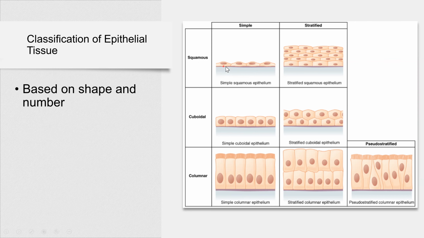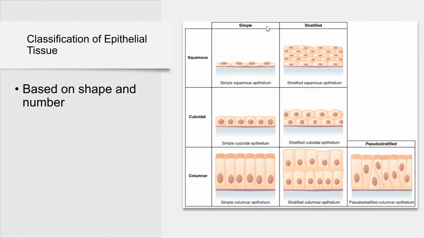Now, this purple line is called basement membrane. So all epithelial cells are resting on a basement membrane. And opposite to the basement membrane will be the free surface. So you have basement membrane and free surface. And this also tells us we have polarity in those cells, two different poles, basal pole and apical pole.